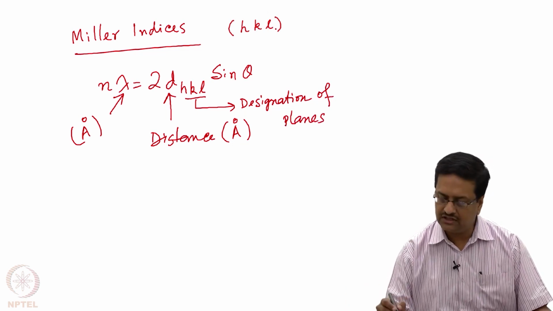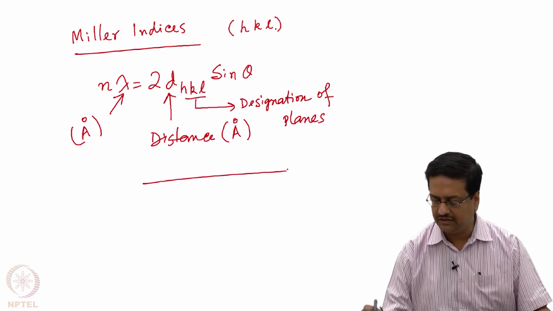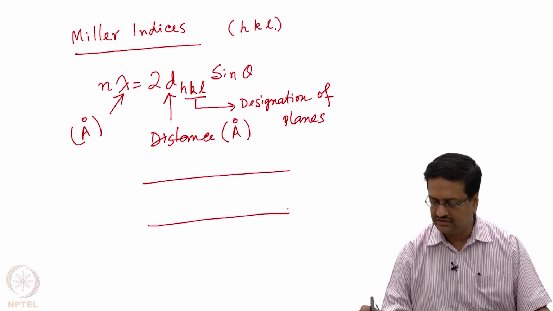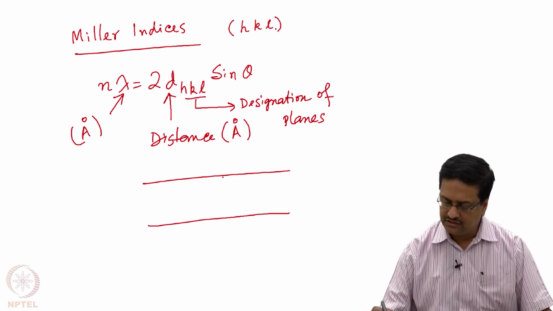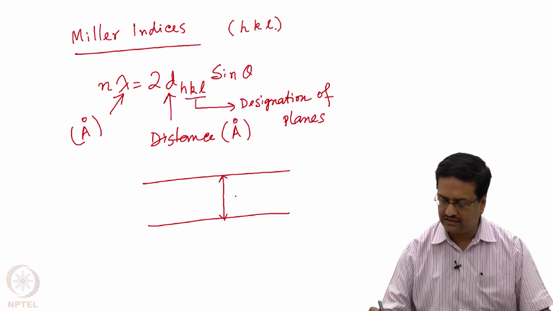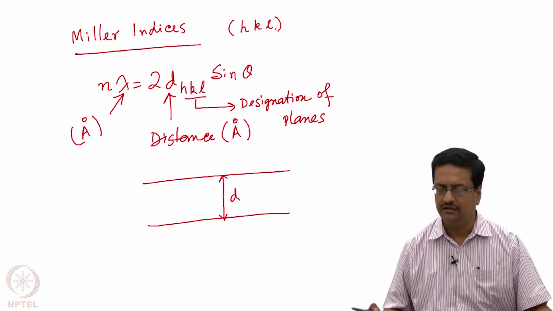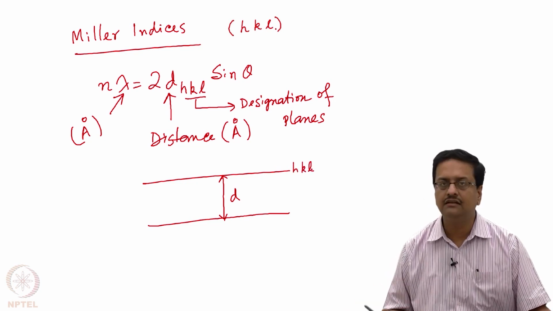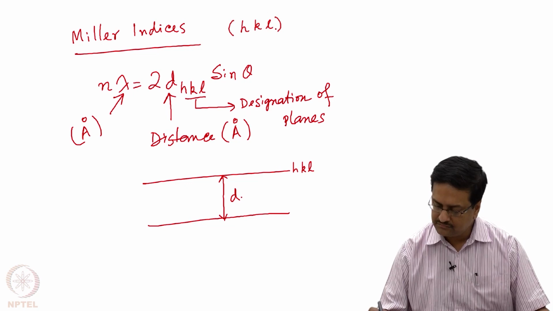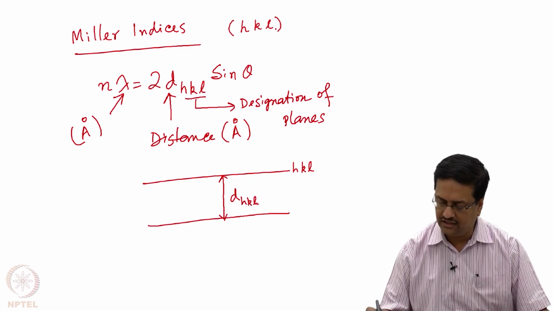So when we are talking about a set of parallel planes, suppose these are two sets of parallel planes in a crystal lattice, the distance between these two parallel planes is called d, and we designate these planes as H, K and L. As a result, we identify this distance as d HKL.